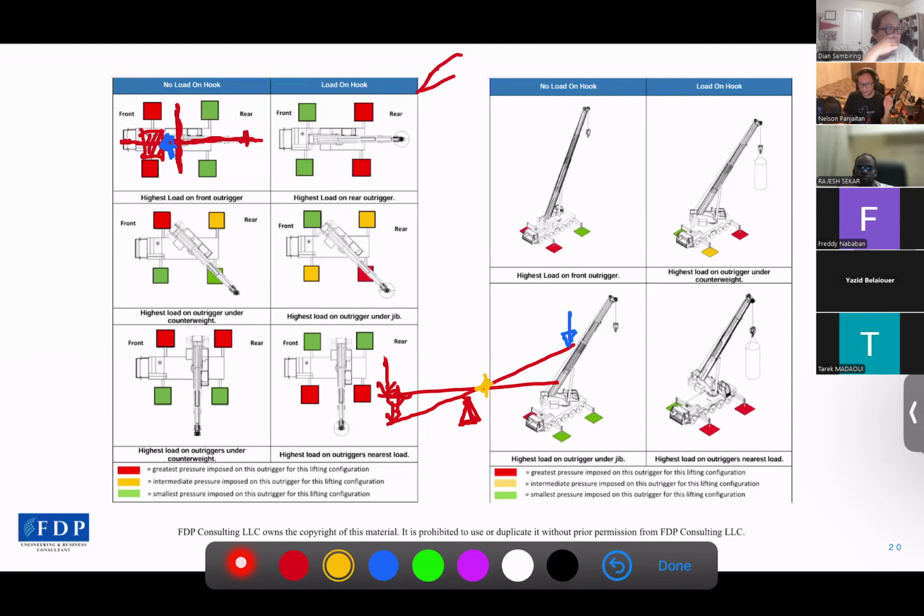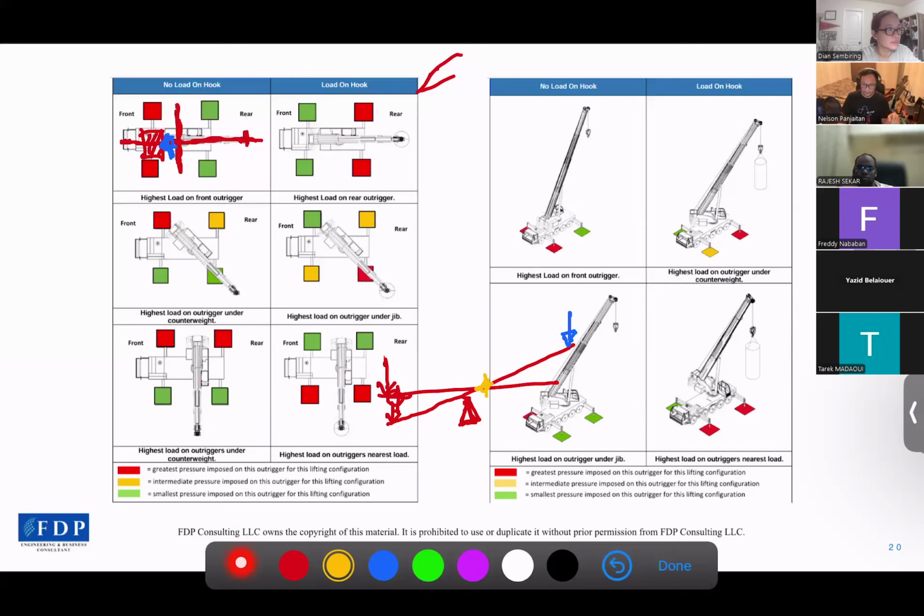And then from that we can calculate the COG, and the COG will be distributed to the foundation. If it's an outrigger crane, it will be distributed to the outriggers. If it's a crawler crane, it will be distributed to the crawlers.